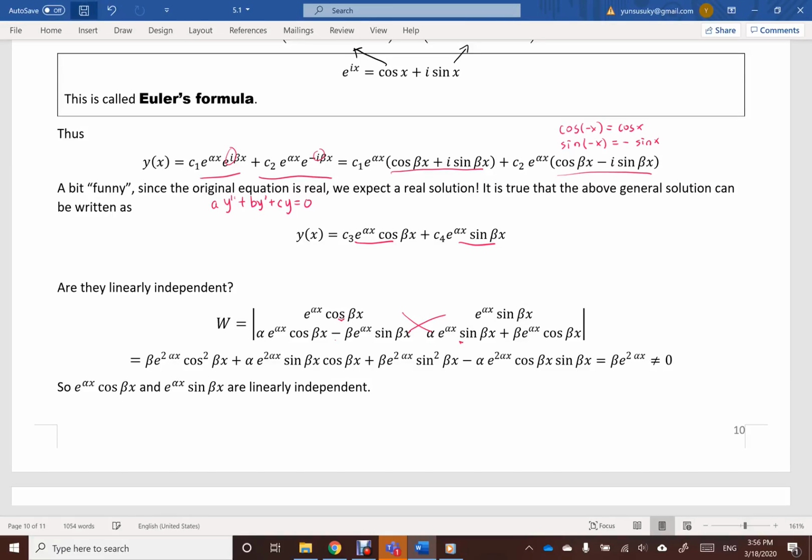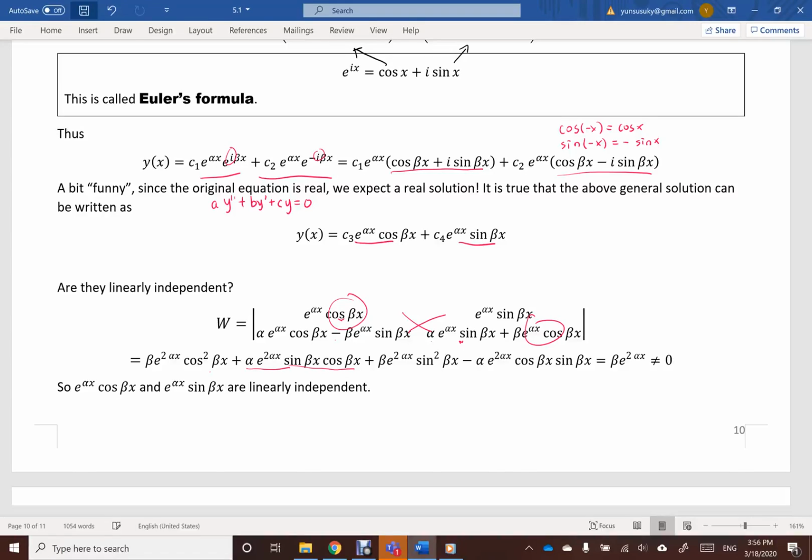So this guy times this guy is alpha e to the 2 alpha x cosine beta x and sine beta x. And then this guy times this guy is beta e to the 2 alpha x cosine squared.